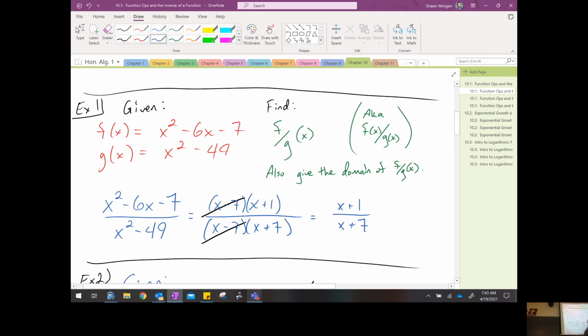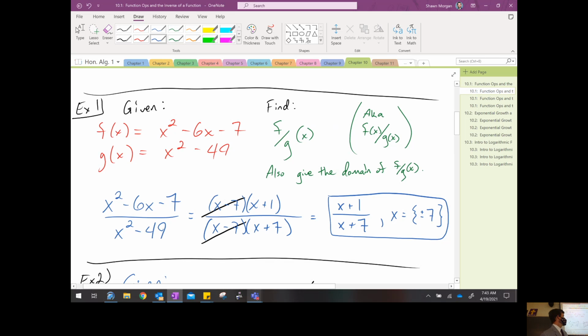But I also ask you to please give the domain. So we're going to revisit that idea of domain restrictions. If this is my function, what is not allowed to get in? In other words, what is x not allowed to be? Jake, why'd you say plus or minus 7? Very good. Make a note to that effect: domain restrictions come from the original function, not just the simplified answer.